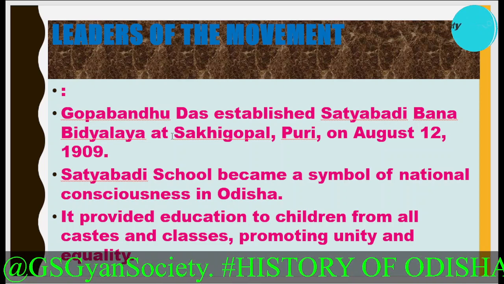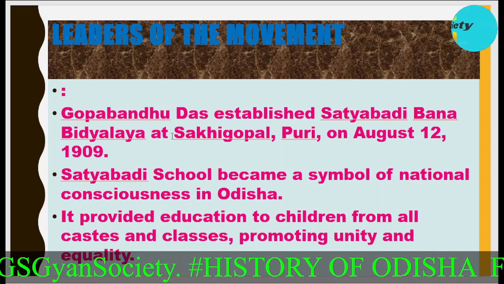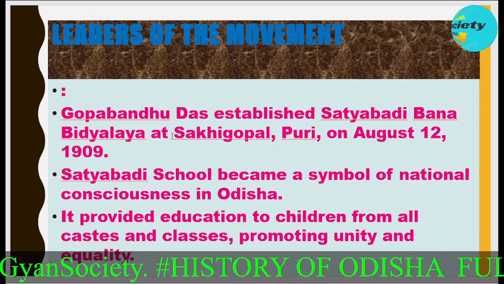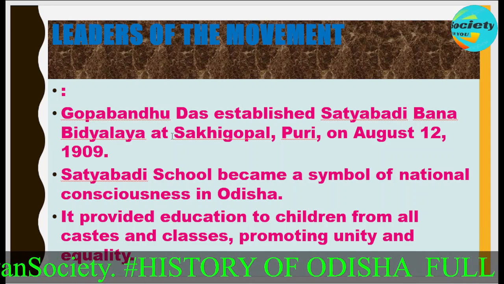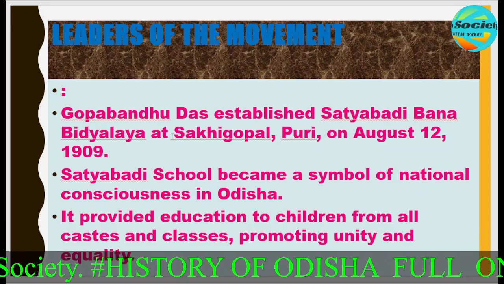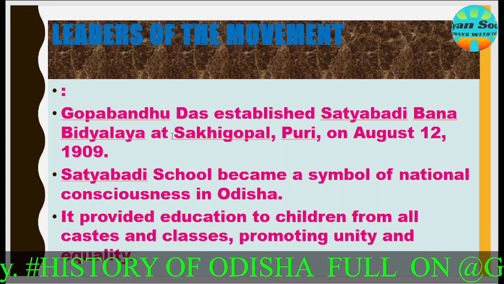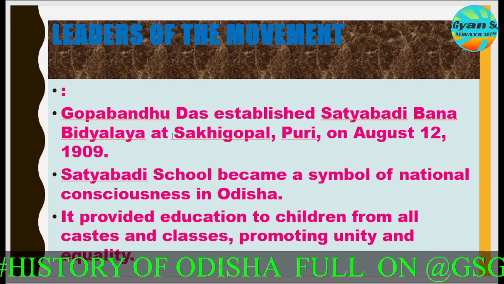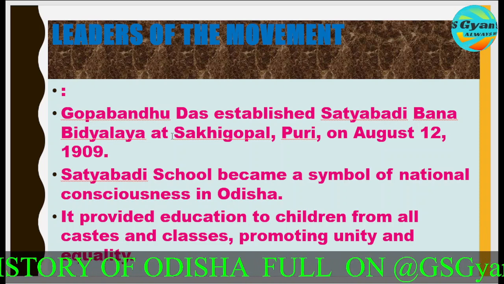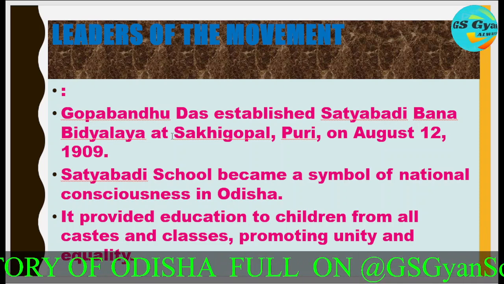Okay, Satyabadi school became a symbol of national consciousness in Odisha. Satyabadi Bana Vidyalaya is the symbol of national consciousness because they taught the pupils, that means students, in the Indian style of education, not the foreign style of English education. That's why it is a symbol of national consciousness.